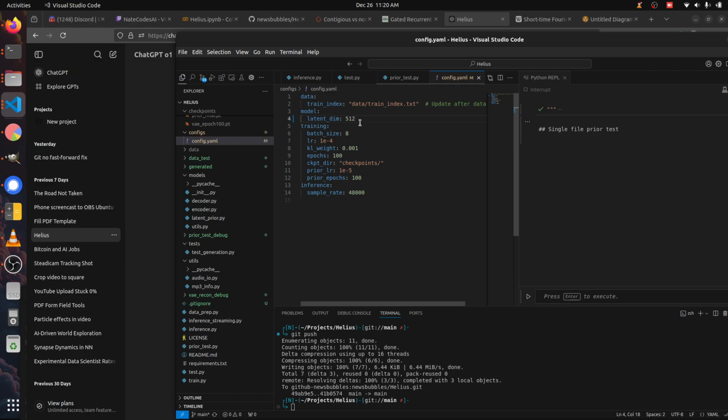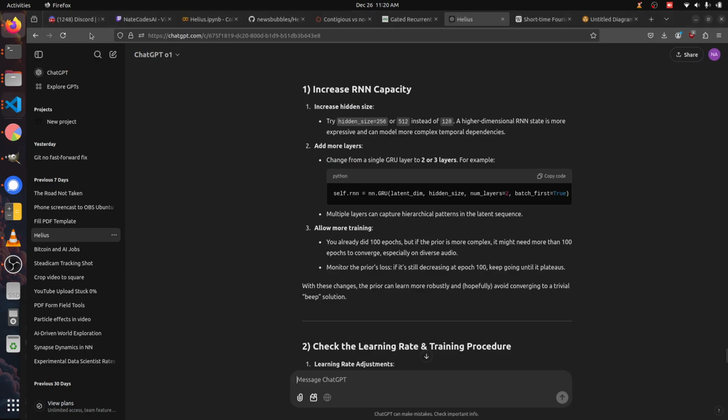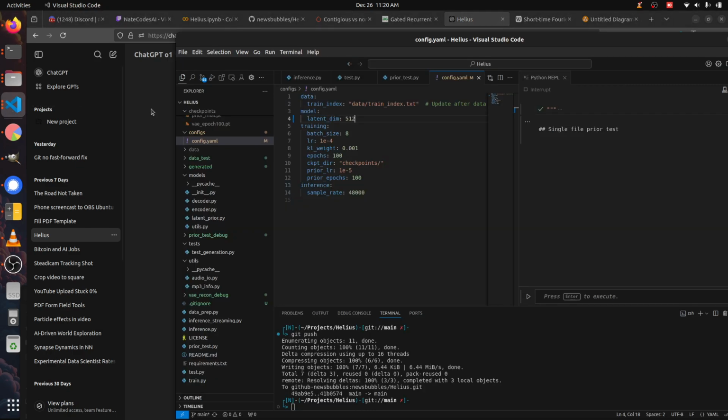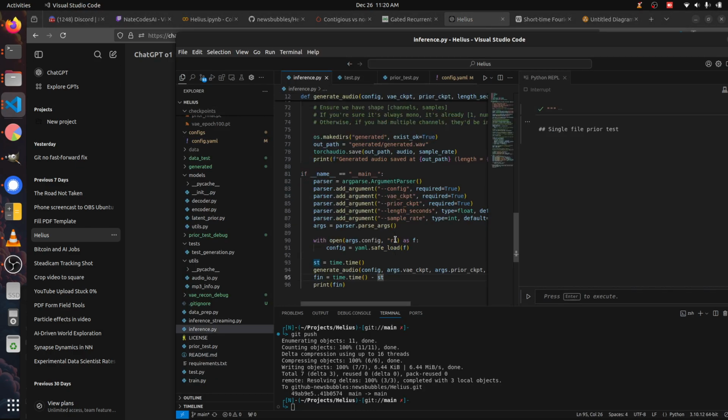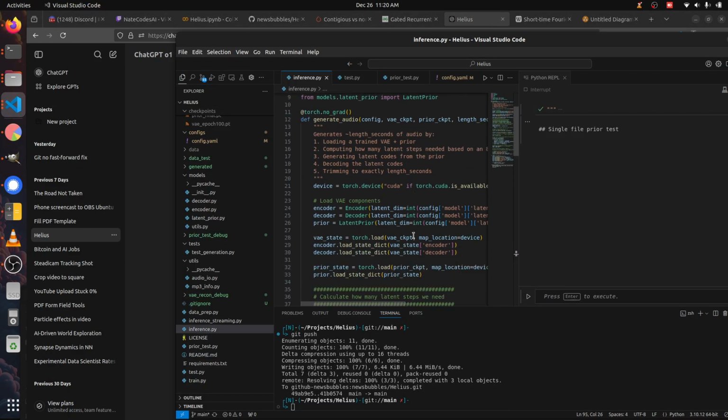We're going to go with 512 latent dimensions. And we're going to change from a single GRU layer to 2 or 3 layers in our inference, in our model. And essentially what I'm going to try to do is just go in.